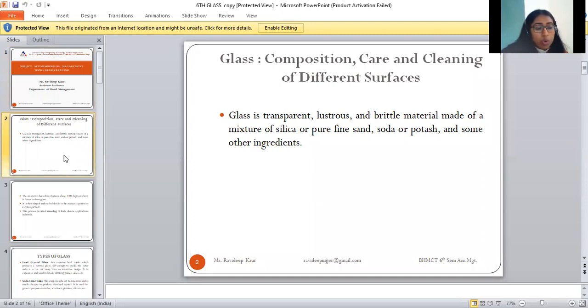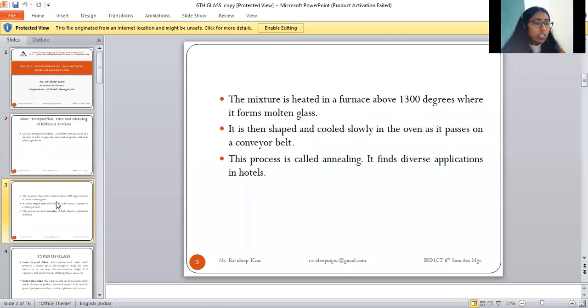This is how glass is made. Glass is a transparent material. The mixture is heated in a furnace above 1300 degrees, where it forms molten glass.